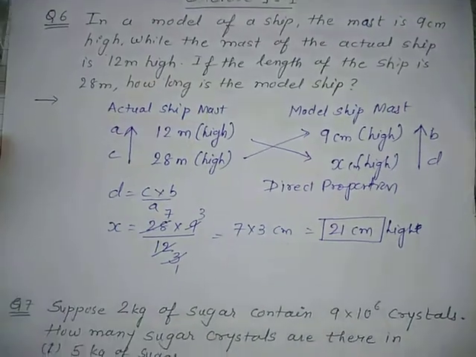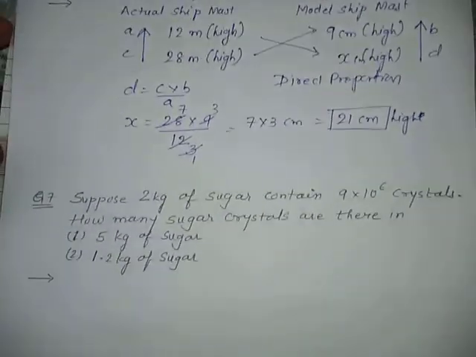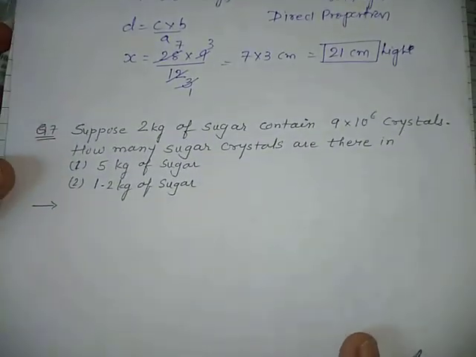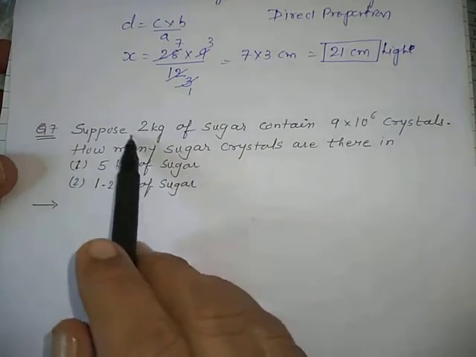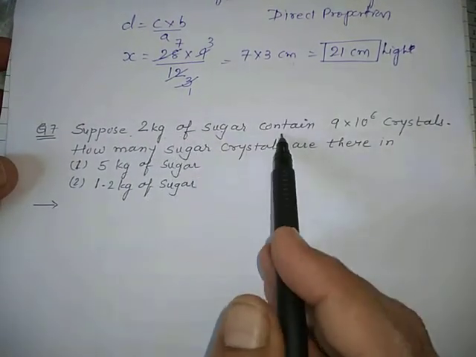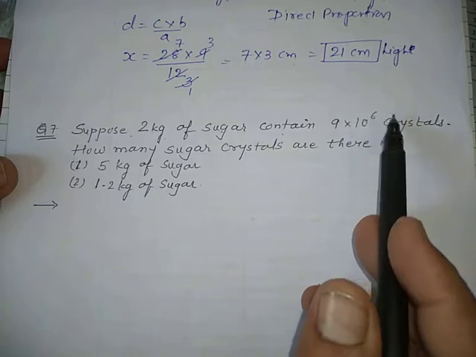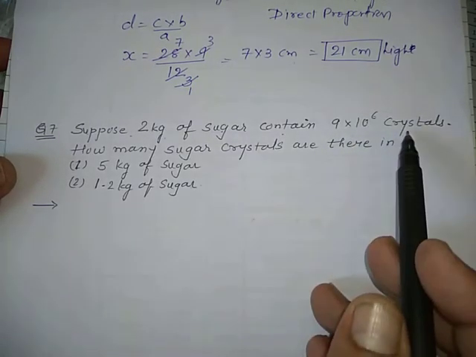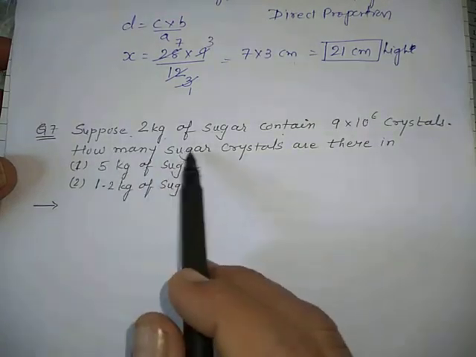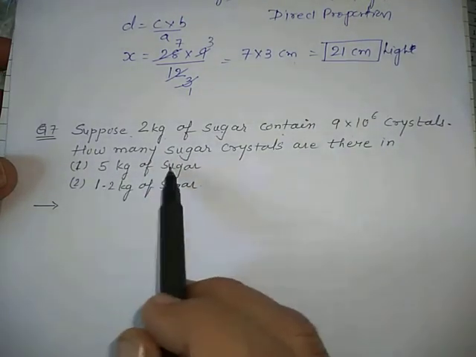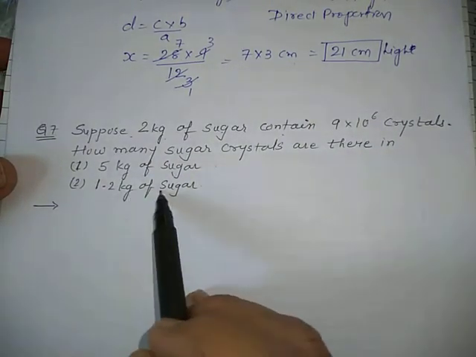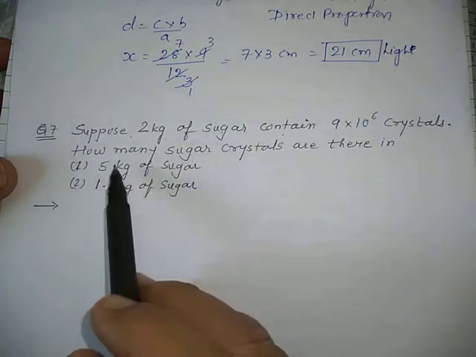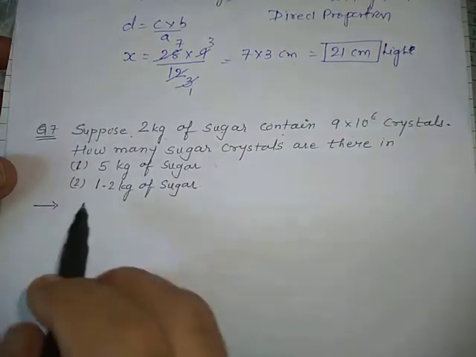Similarly, we can proceed for the seventh sum also. Here in the seventh, 2 kg of sugar contains 9 into 10 raised to 6 crystals. So this is given in standard form. We have to find how many sugar crystals are there in 5 kg of sugar and 1.2 kg of sugar. So first we will find for 5 kg of sugar.